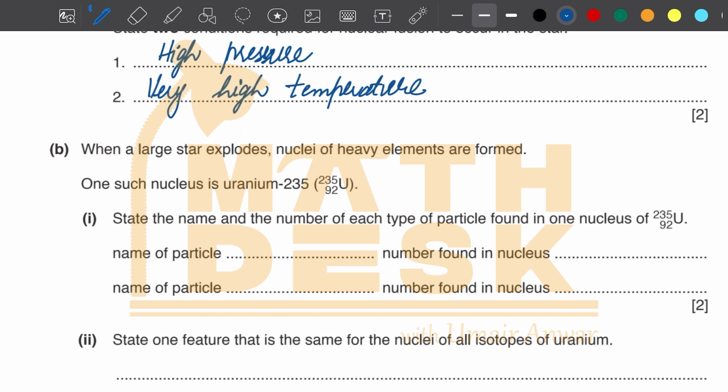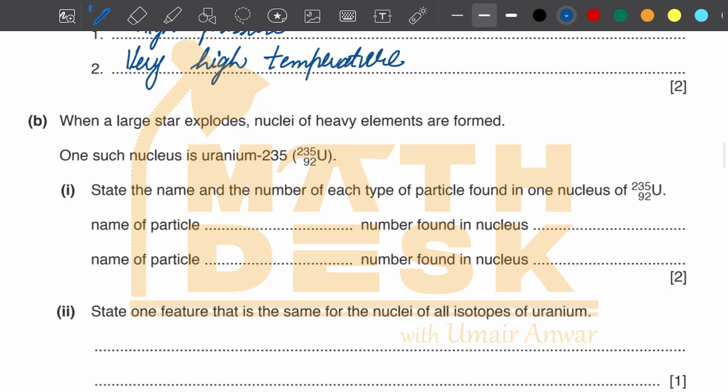The next part says when a large star explodes, nuclei of heavy elements are formed. One such nucleus is uranium-235. State the name and the number of each type of particle found in one nucleus of uranium-235-92.